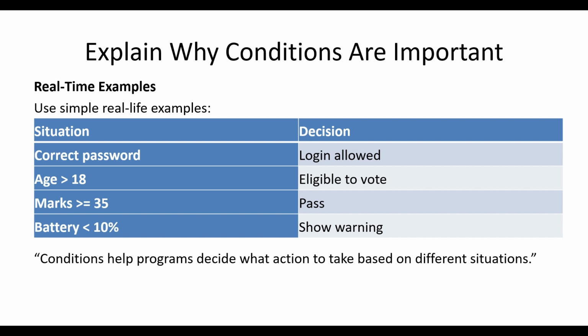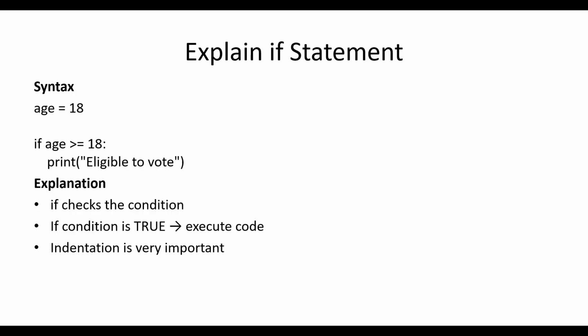This is the condition we see in a phone, where if the battery goes below 10%, we get a warning. These conditions help programs decide what actions to take based on different situations. So here we'll start with the programming.